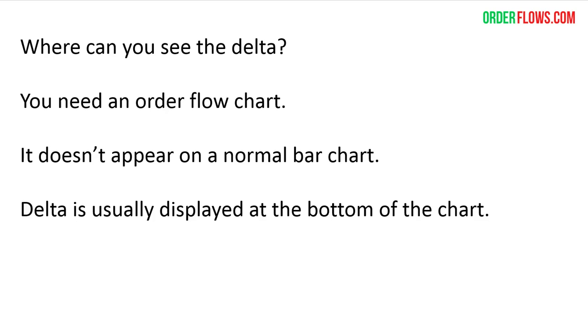Back to the topic. Where can you see the delta? Well, right now you need an order flow chart. You don't necessarily need mine. If you have an order flow chart from another provider, or you can even get them for, I'll say for free, but you can get it for $100. You get the Gomi ladder, I think it's called.